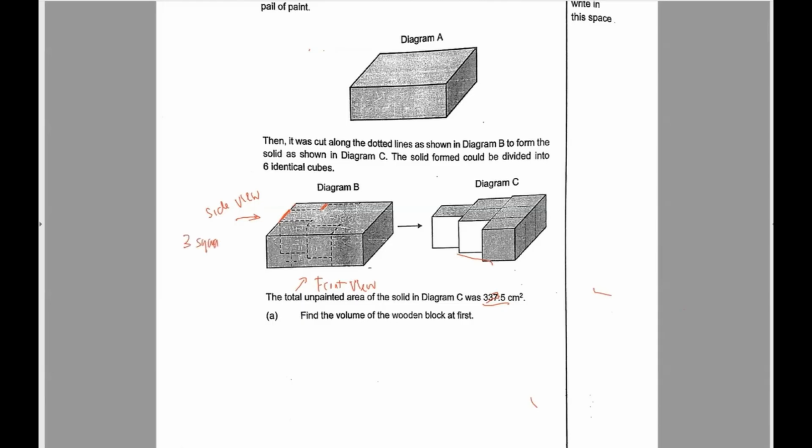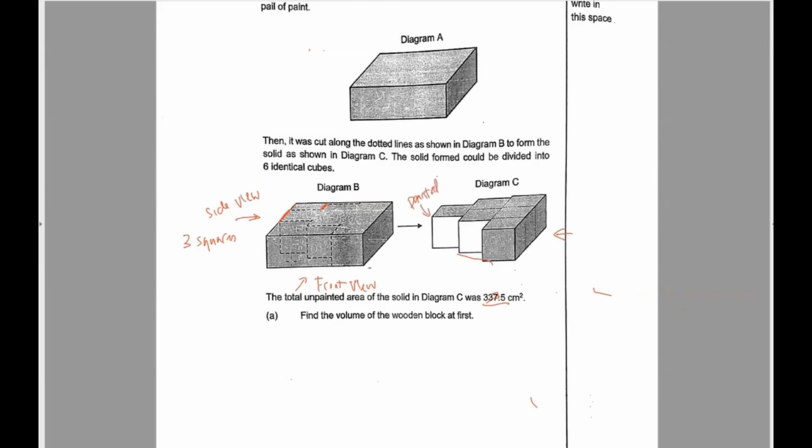How do I know there's 3 squares on side view? Because there's 3 squares on this side, so there must be 3 squares on the other side. Right? If there are 3 squares on this side, on the side view, this side is shaded, is painted. Right? This side is painted.